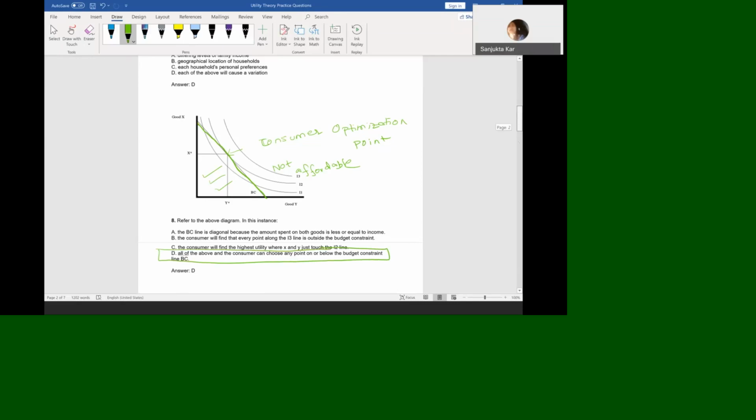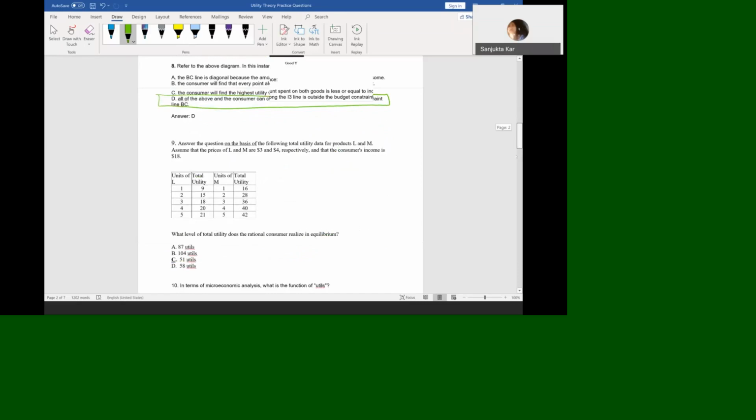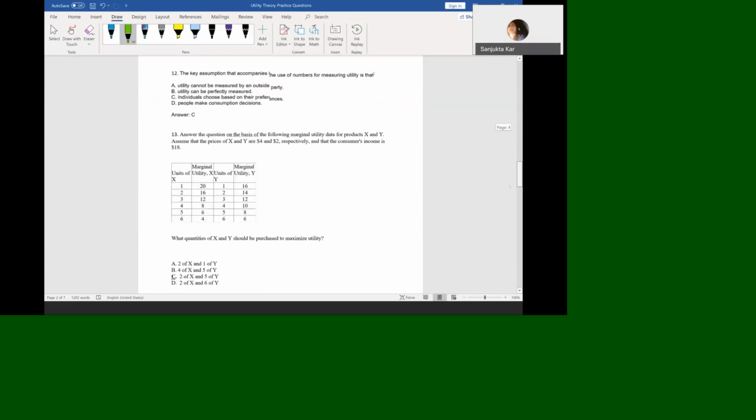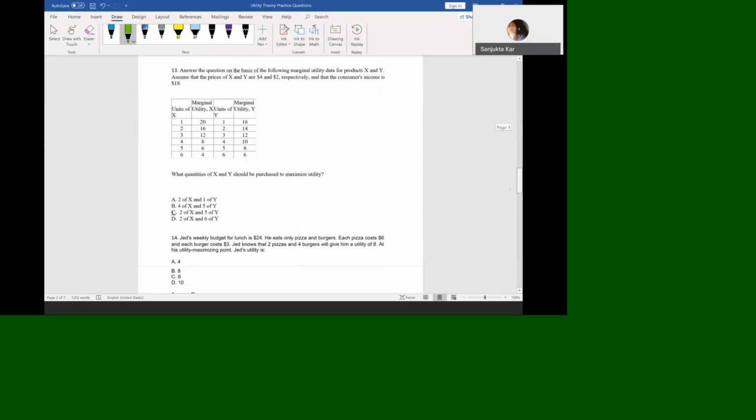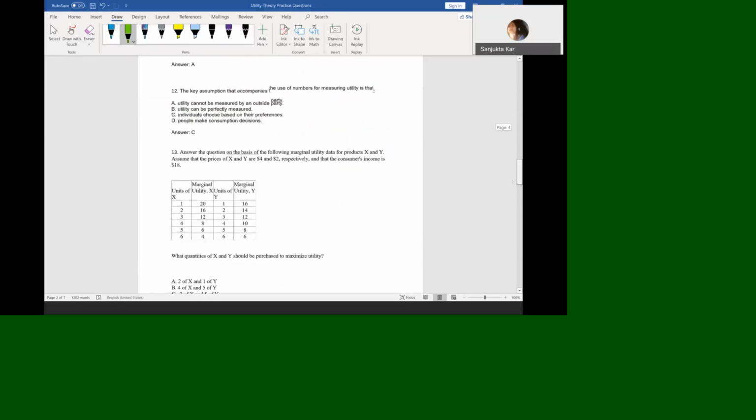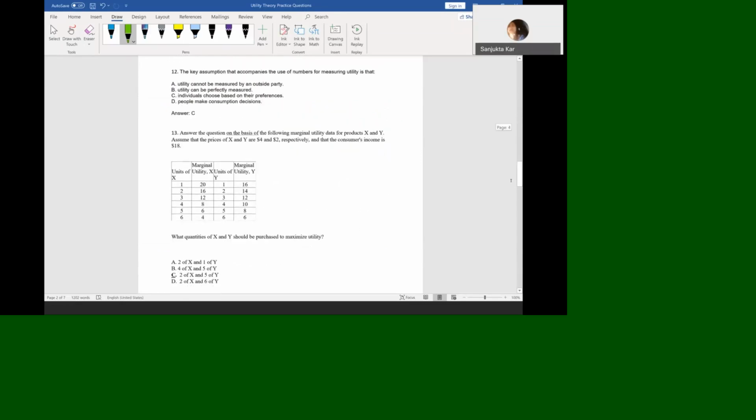Now I want to take a look at question number 13. And to do that, I want to show you an Excel sheet. So here it's telling me the prices of two goods are $4 and $2 respectively, and the consumer's income is $18. Two conditions need to be met for consumer optimization.